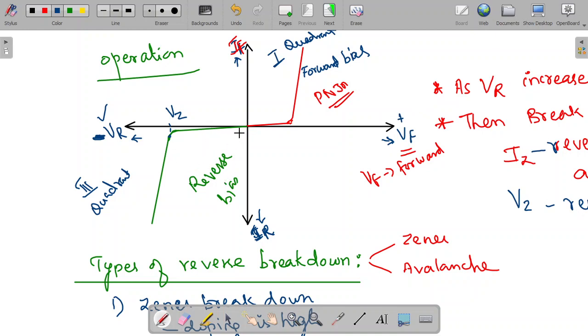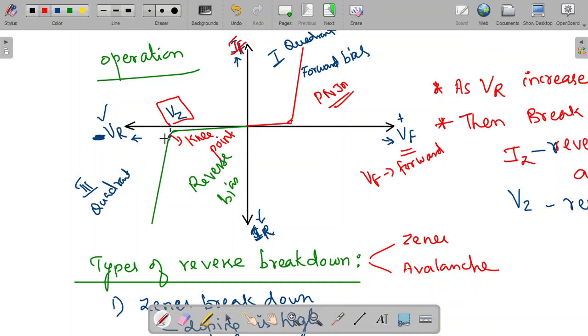So during reverse bias, up to a certain voltage, that is your VZ, the reverse current IR will be very low. Once it crosses this knee point, the voltage remains constant, but the current rises rapidly.